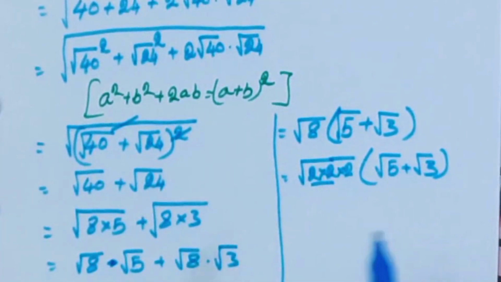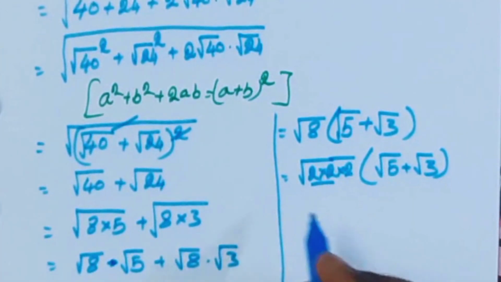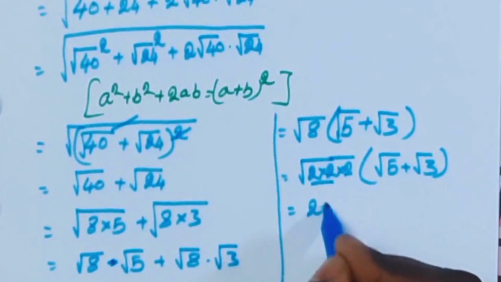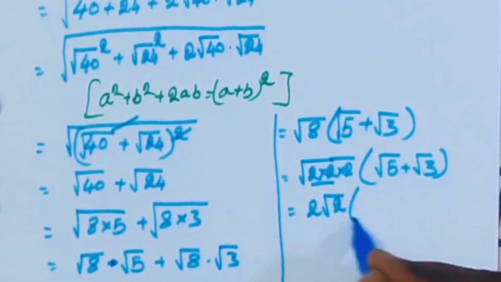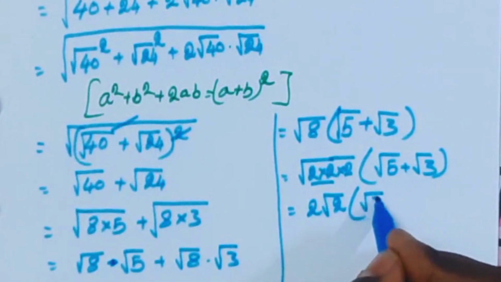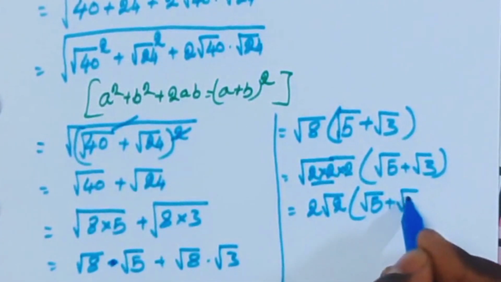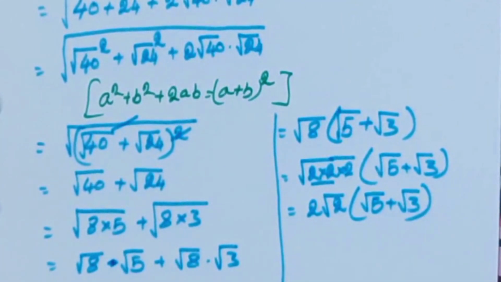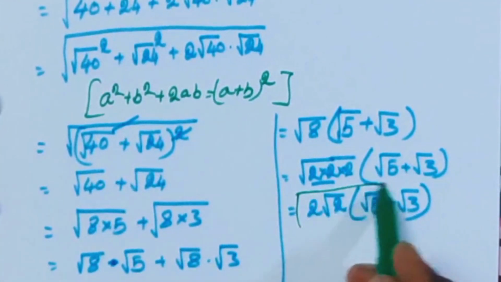Now the square root of 2 times 2 is 2. So 2 square root of 2 open bracket square root of 5 plus square root of 3. This is the final answer for the given problem.